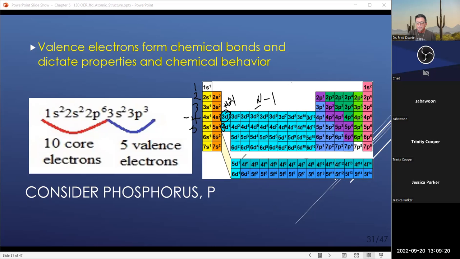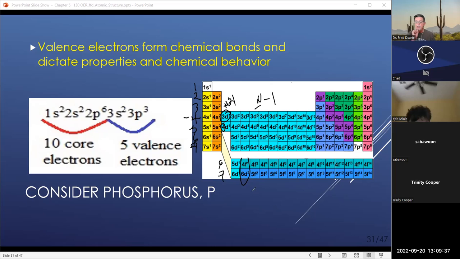When we get down to the F, the F orbitals would be 4, 5, 6, and 7, in the 6 and 7 energy levels.